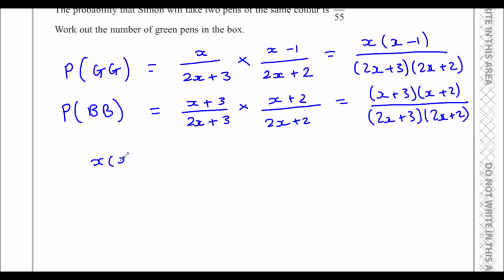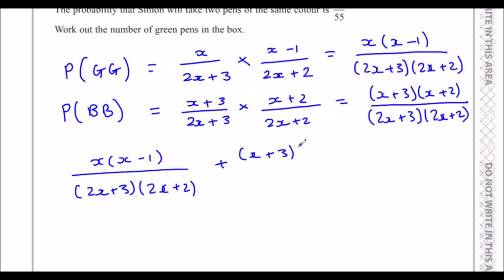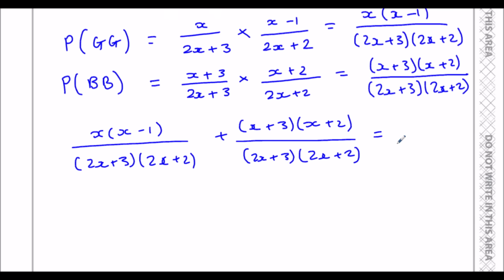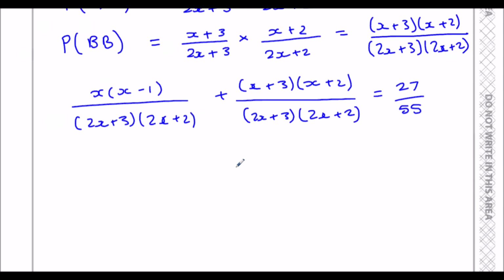So x times x minus 1 over 2x plus 3 times 2x plus 2, plus x plus 3 times x plus 2 over 2x plus 3 times 2x plus 2 is equal to 27 over 55. So their denominators are the same, so we can just add these fractions.